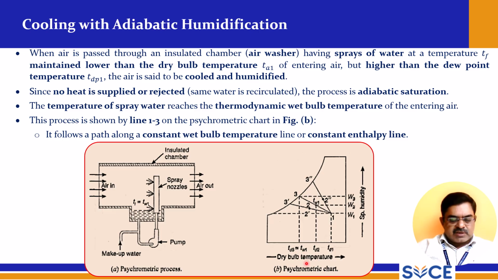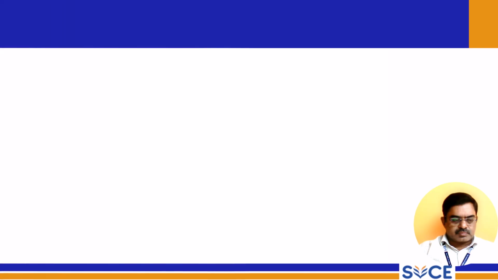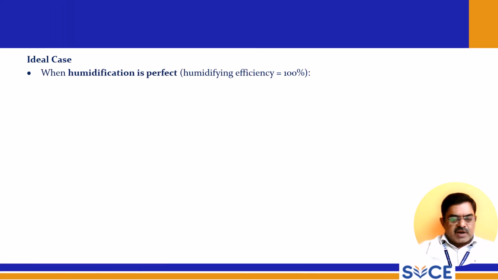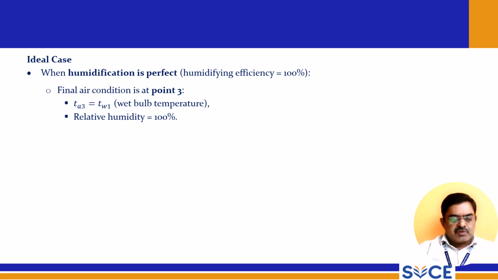This is the psychrometric chart of dry bulb temperature versus specific humidity. For the ideal case, when humidification is perfect, the humidifying efficiency equals 100%, and the final air condition is at point 3: TA3 equals TW1, the wet bulb temperature, with relative humidity 100%.